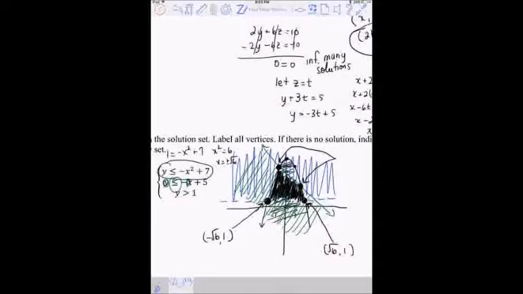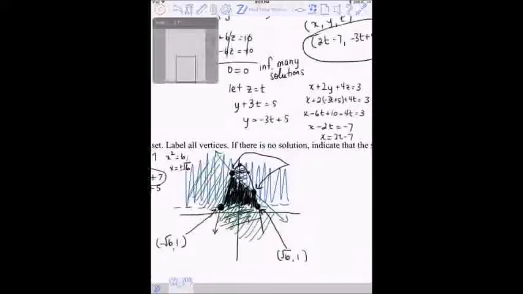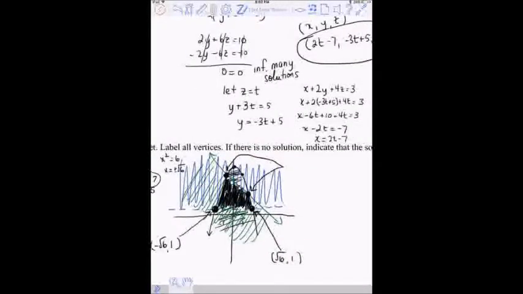It's the parabola and the straight line. So those two intersection points can be found by solving that system. Those are the two equations that involve those 2 points, the parabola and the straight line.